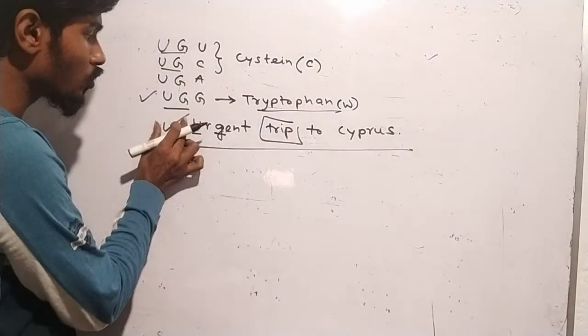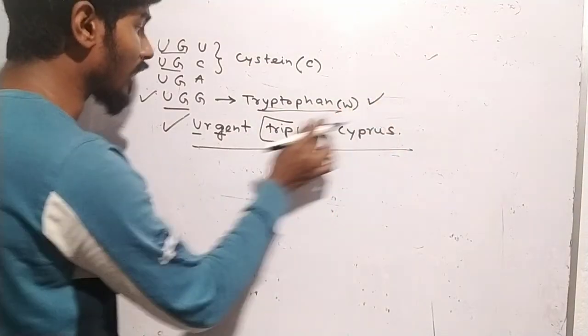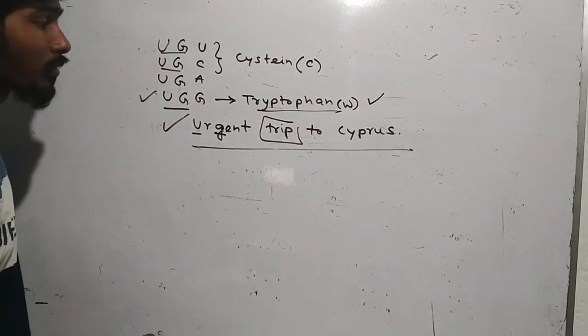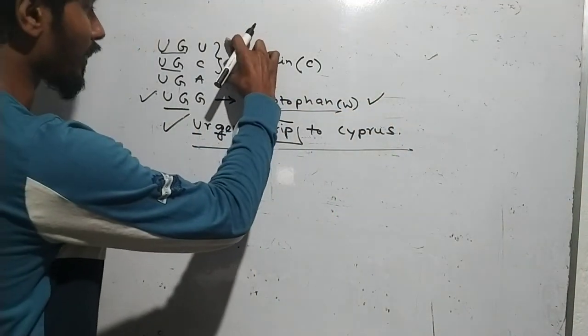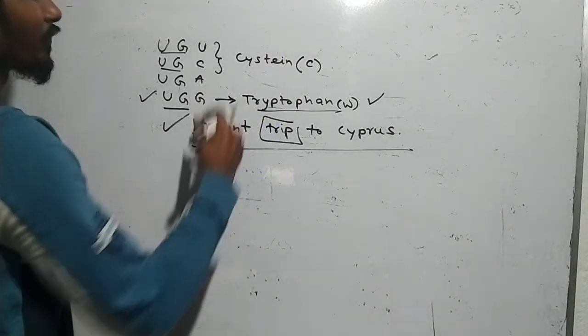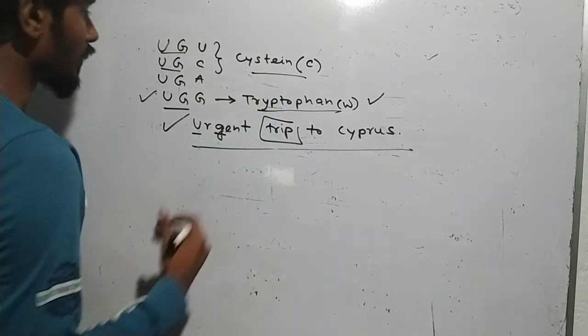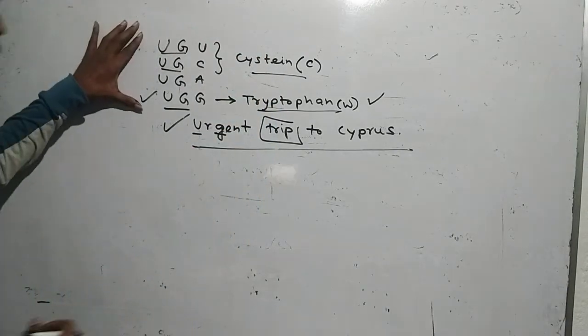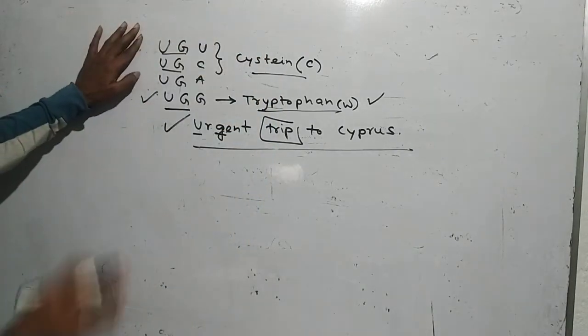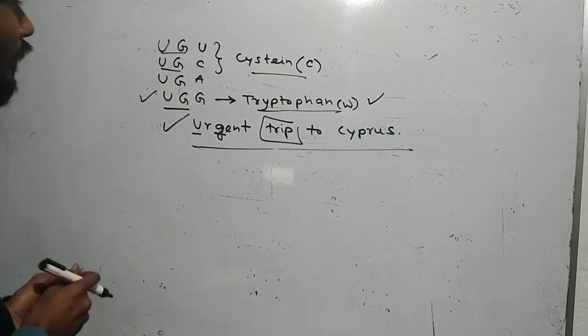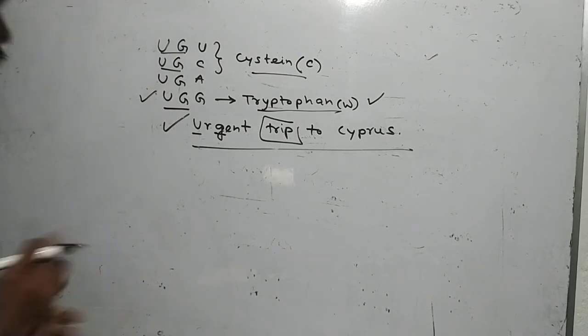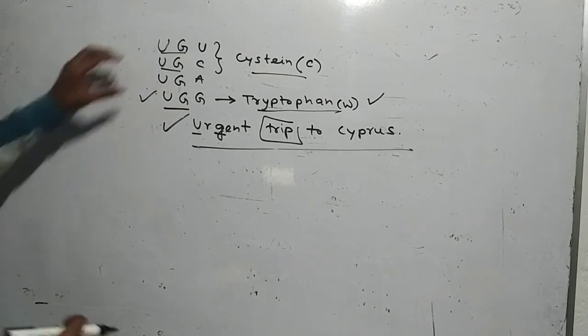Okay, so UGG, you have to remember that the last one is tryptophan because it cannot be a pair. Whenever you see something like this in the upper part of the row, in any of the cases, you will find that there is a pair.